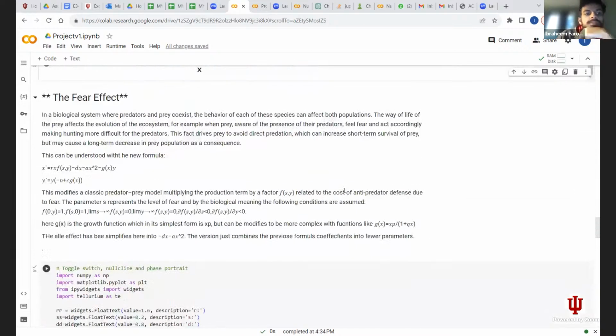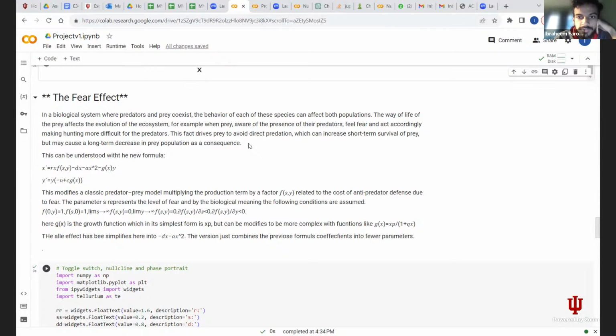Okay, so now let's take a look at the next one, which is the fear effect. Basically it's a way to simulate how prey will behave in fear of predators.